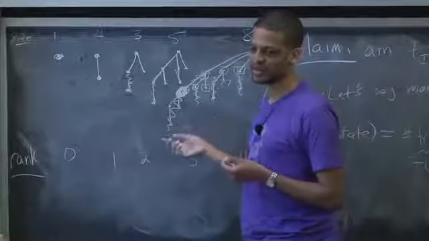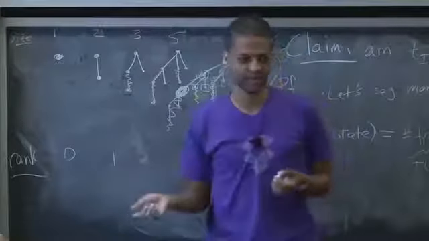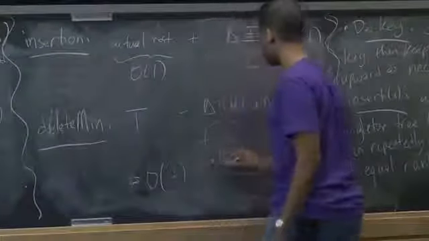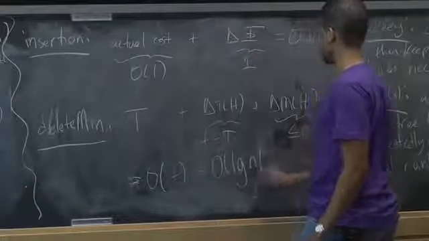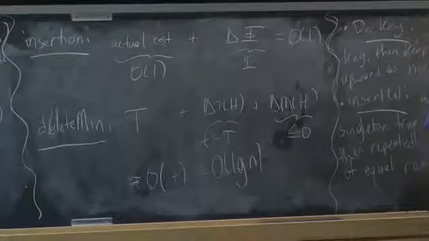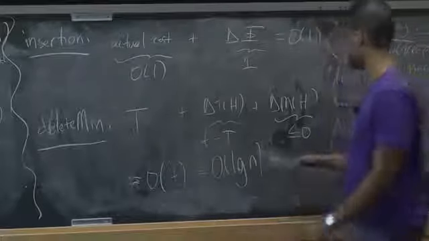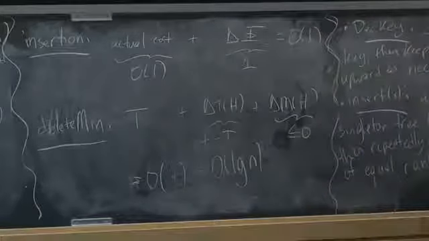And Fibonacci numbers grow exponentially. So this will be O of log n. Because if we have a rank k tree, that means the tree has size at least f sub k plus 2, which is exponential in k, so k should be at most log n.